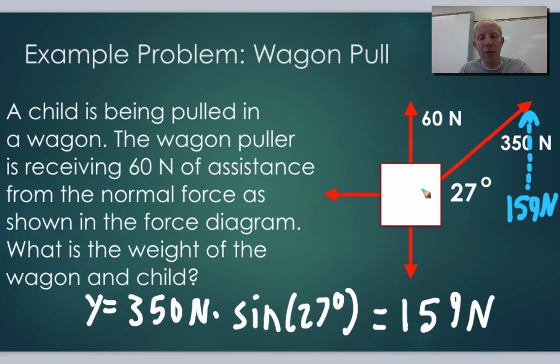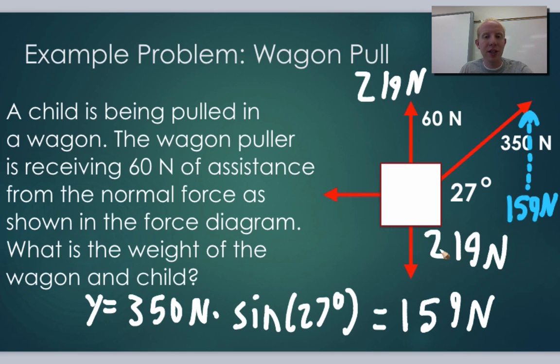So the total net force going up in the y direction should be 159 plus 60, or 219 newtons going up in total. Okay? So now that's all the y components going up, so all the y components going down should balance that out. So that means that the gravitational force must be 219 newtons. Okay? So that is the weight of the wagon and the child, 219 newtons.